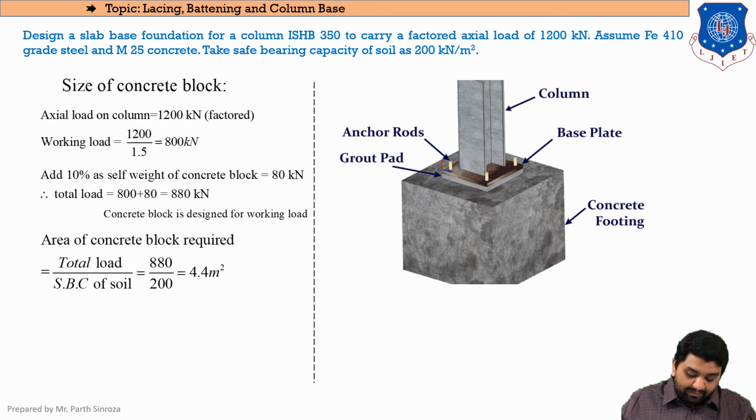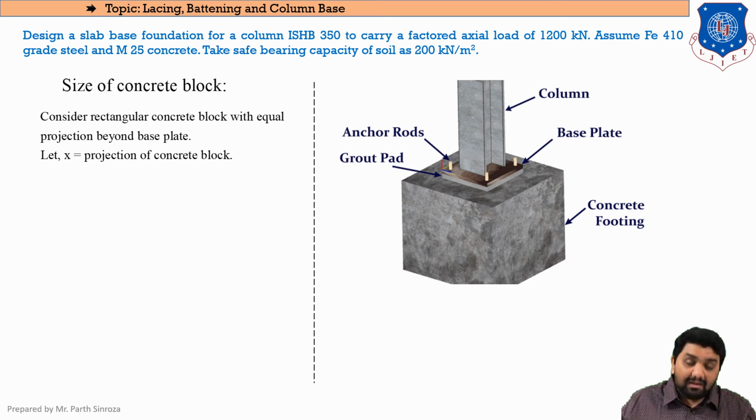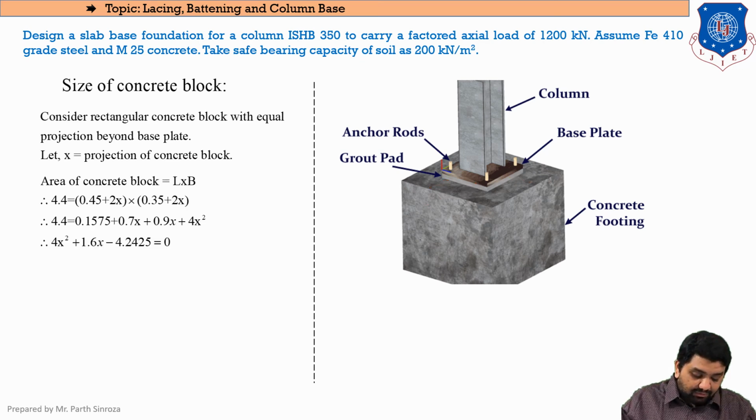And now we will be finalizing the values, that is our dimensions. The next thing will be to find the projections, that means how much extension will be required. For that, let us assume that the projections are equal on all sides. So let us assume the projection to be x. Considering the projection to be x, as we know that area is equal to length into width.